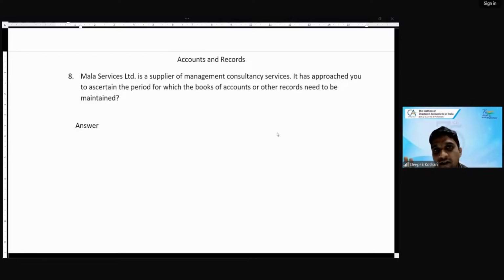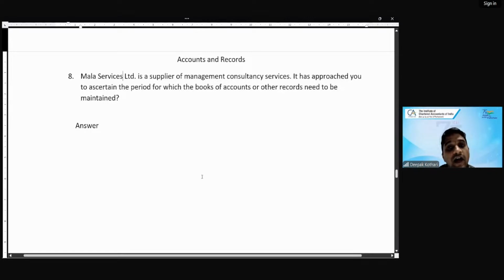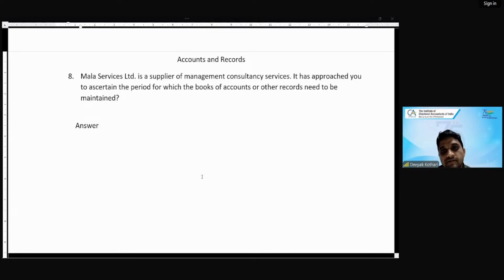After that you have not filed the annual return. Sorry, sir. So it is not the last annual return, it is the annual return for the relevant financial year. Okay, fine. Got it, sir. So you have to mention annual return for the relevant year. Yes.